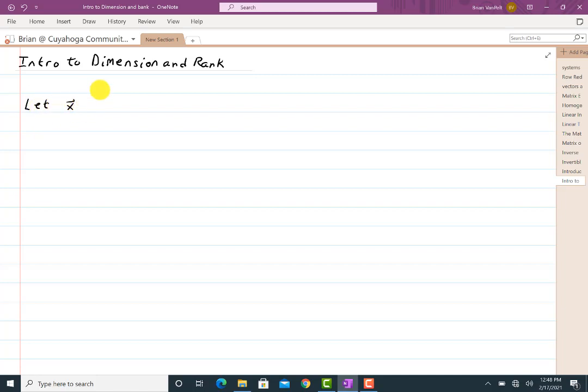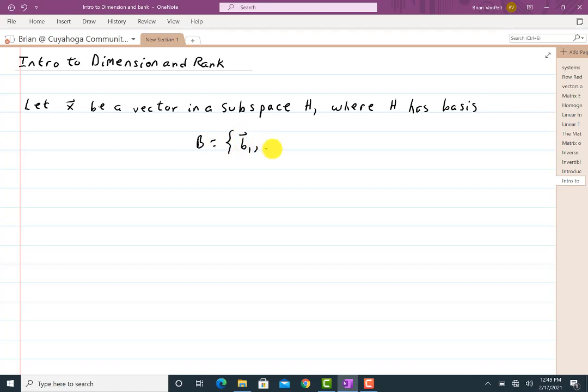Let X be a vector in a subspace H, where H has basis B, and this will be the collection of vectors B1 up to BP.